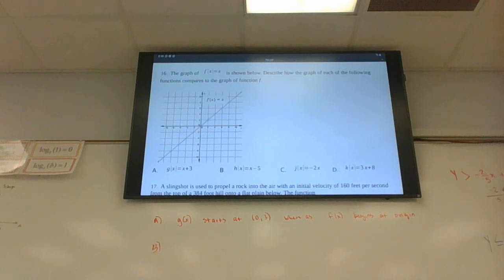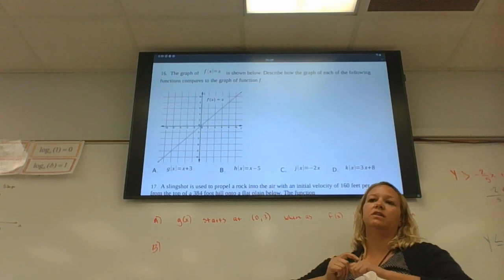Let's try that in letter B. How is h of x different from f of x? Oh, 0, -5. That's a 0, -5. Just don't tell him answers. Let him think about it.